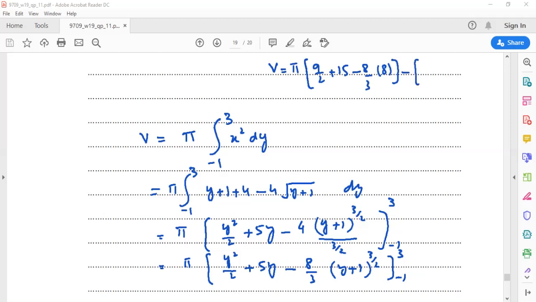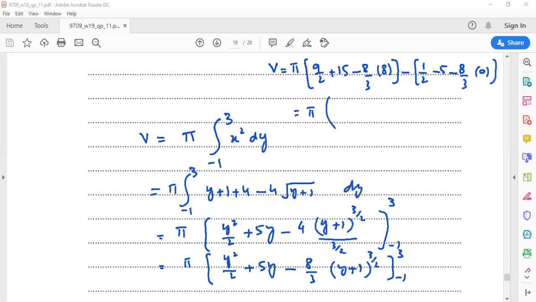Now when you place minus 1, it's going to be 1 over 2 minus 5 minus 8 over 3, and since we place minus 1, this whole factor will become 0. So it is pi.